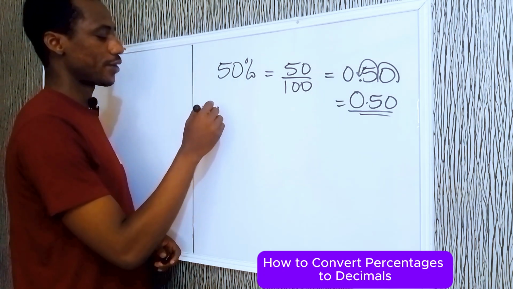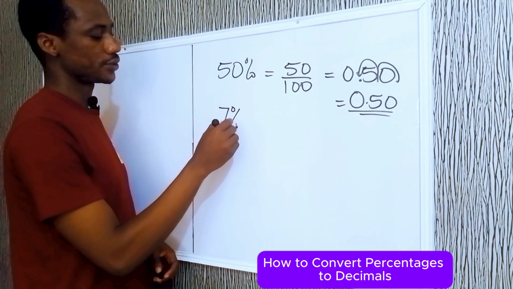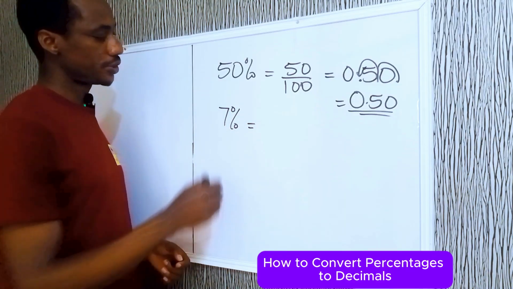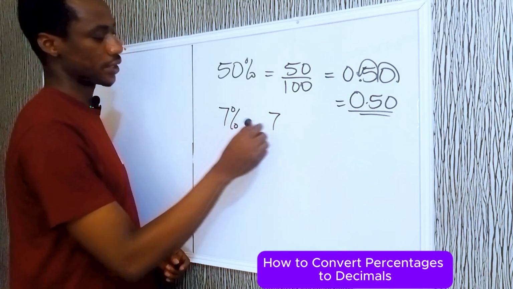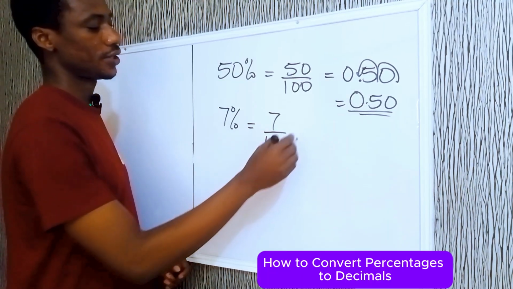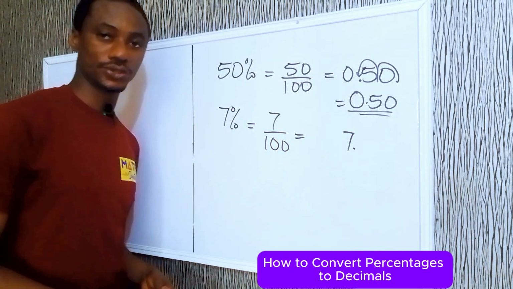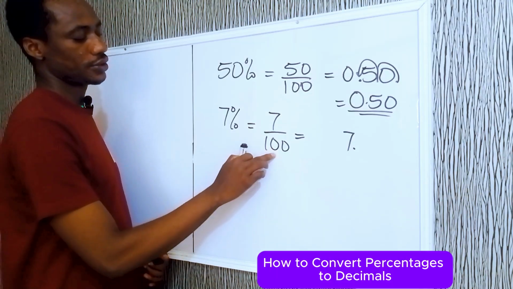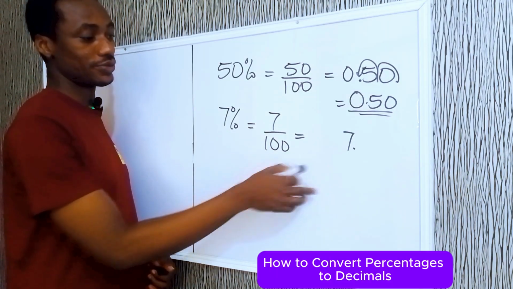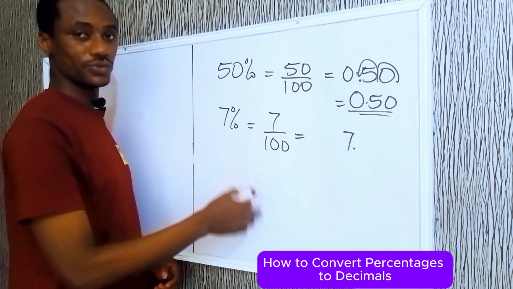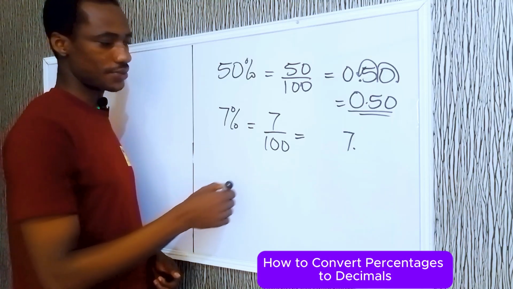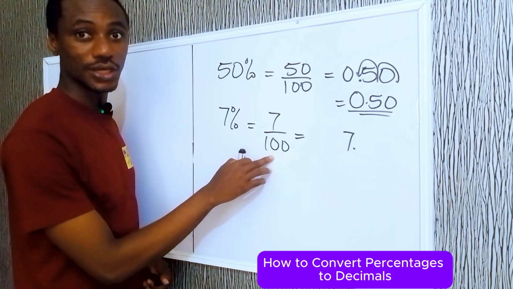So let's say we have 7%. 7% is 7 per 100. So we're going to write 7. The point is always after the unit. Then because we are dividing by 100, we are moving that point to the left, moving it backward 2 times because 100 has 2 zeros.